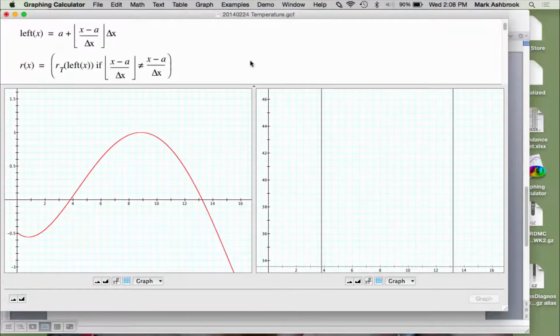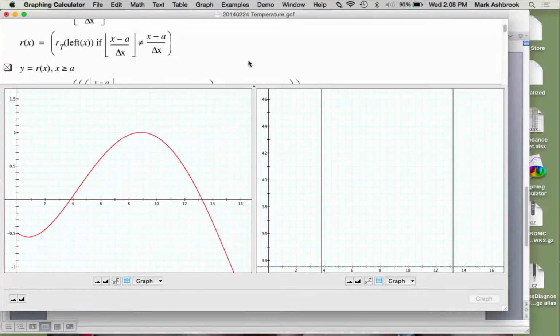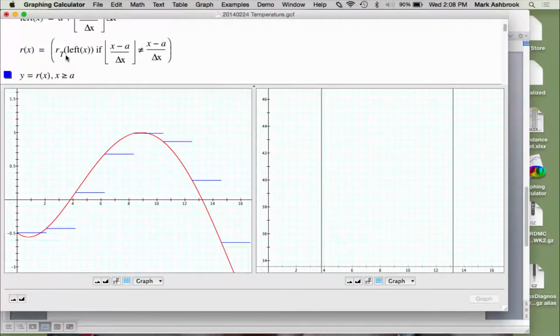So by pinpointing the left side of every interval, we can build a constant approximating rate function from the exact rate function. And that looks like this. I've got delta t of something like 2 minutes at a time.